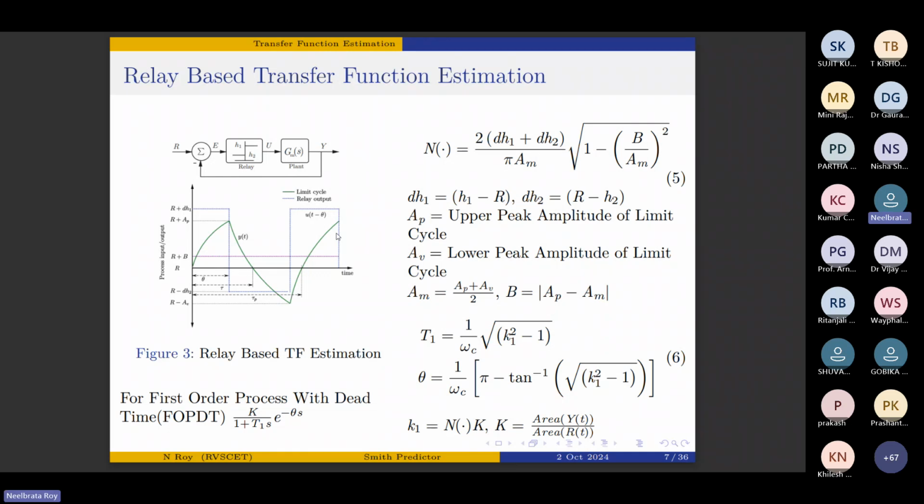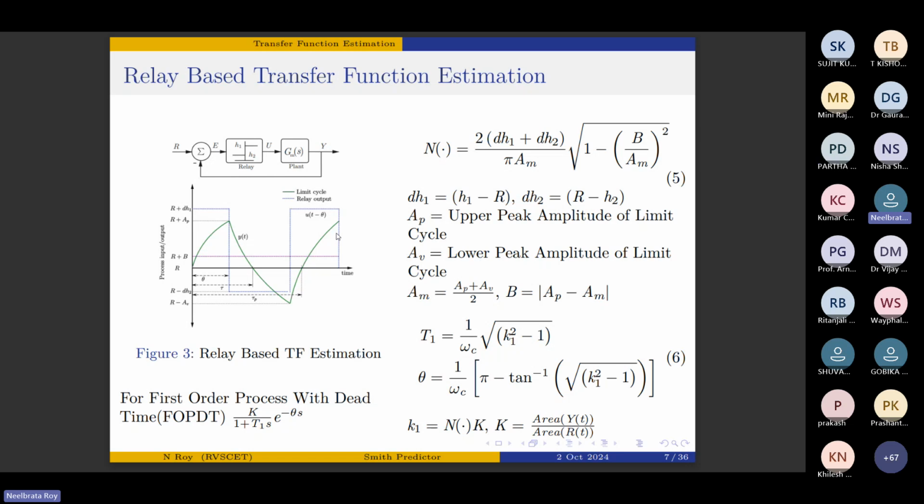Now, in this relay-based transfer function estimation, we use a relay with a plant, as we see in figure number 3, and R is put to 0 for estimating the transfer function.